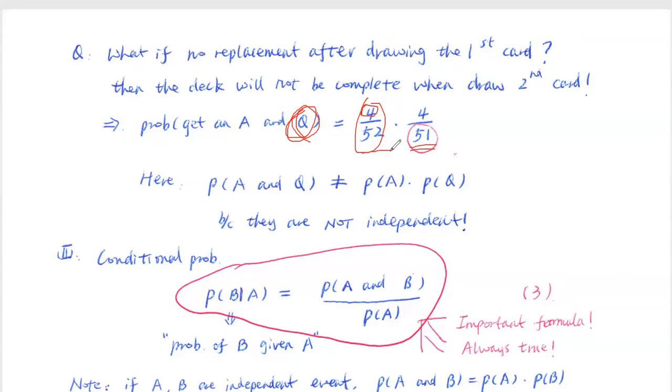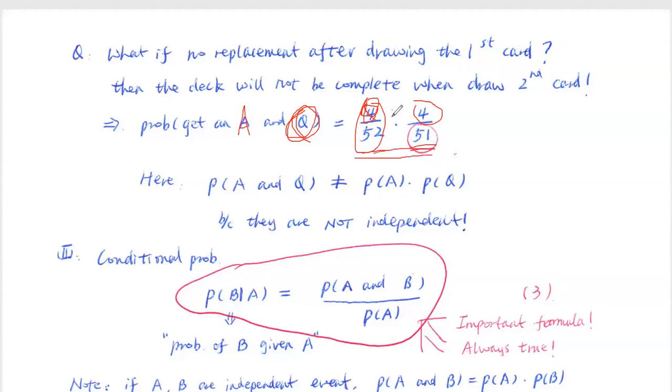So now the second one, when you try to draw, you want to get an ace here. So out of these 51 cards, how many aces do we have? We still have 4 aces, because the first one we were trying to get is the queen. That's the reason we got 4 left. Everybody, we are trying to do this step by step.